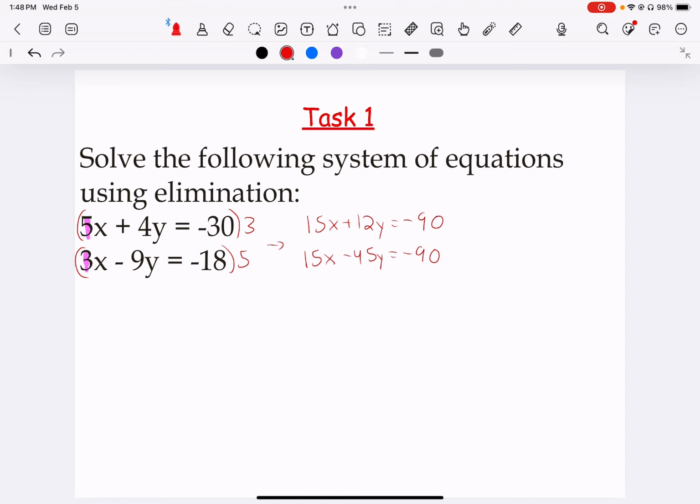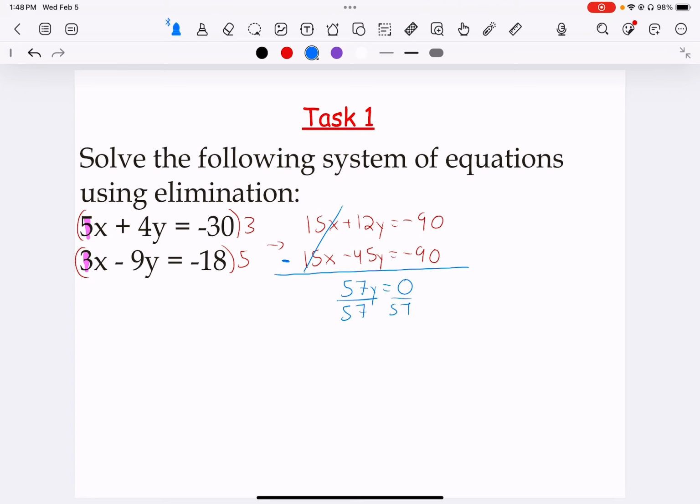Now, my x's have the same coefficient and they're the same sign, so I'm going to subtract my two equations. 15x minus 15x is 0. It gets eliminated. 12 minus a negative 45 is 57y. And negative 90 minus a negative 90 is 0.